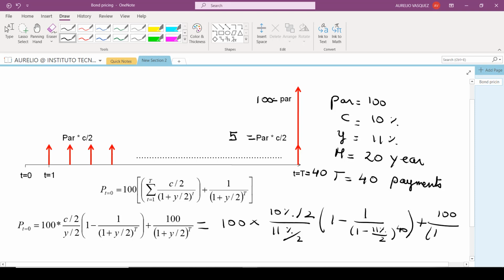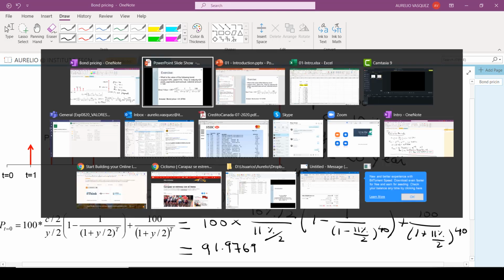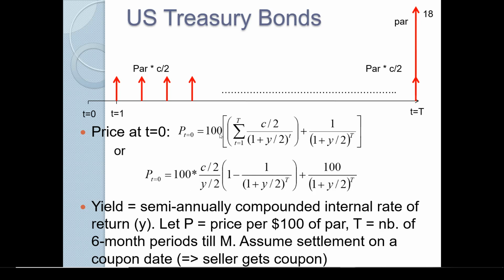So it's going to be, as you should know, 1 plus the yield. So here it would be 11% over 2 to the power of 40. There we go. And this should be equal to, this is the formula way. Another way we can solve this is by using this formula here.